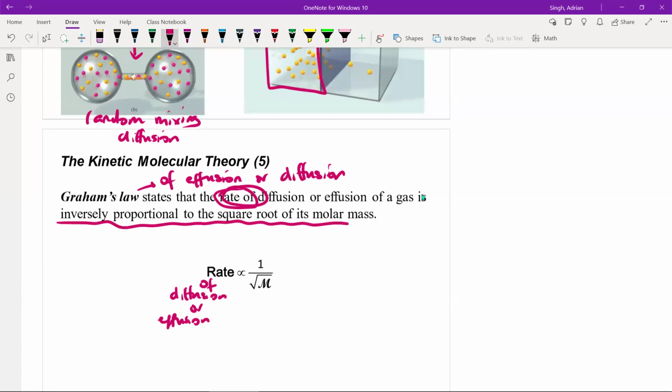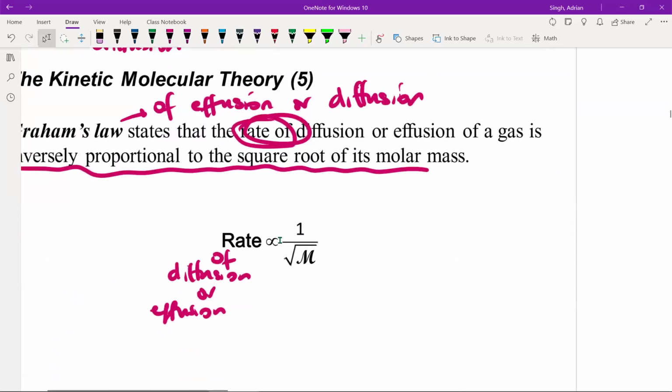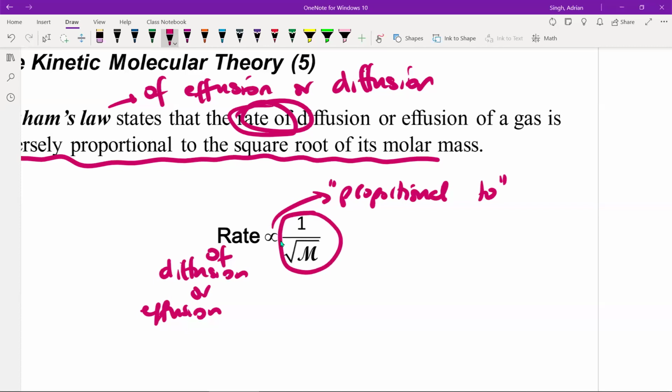Whenever we express proportional relationships, we use this little symbol, which means proportional to. So the rate is proportional to 1 over the square root of the molar mass. Remember this funny looking M means the molar mass of whatever that gas is.